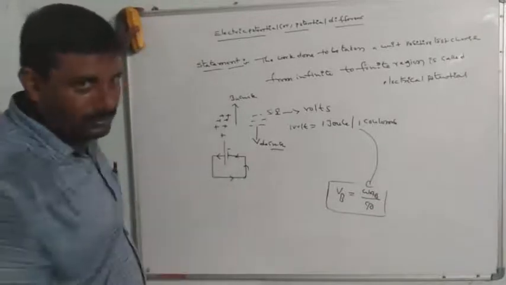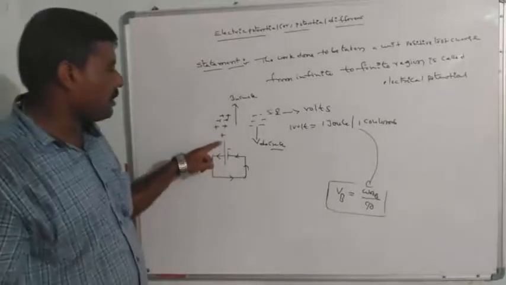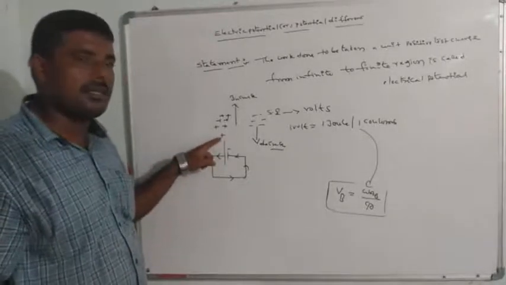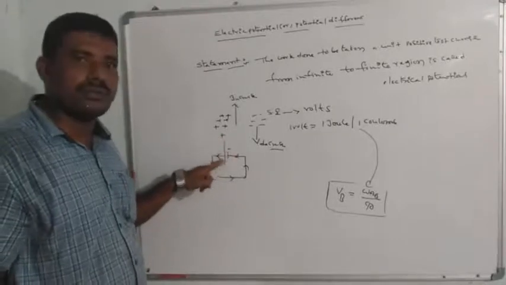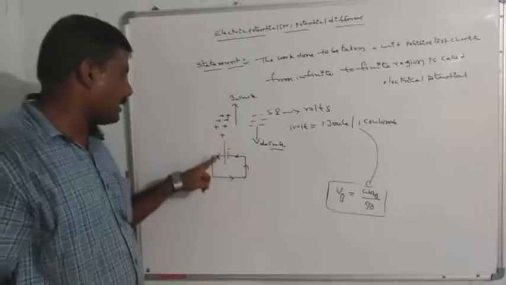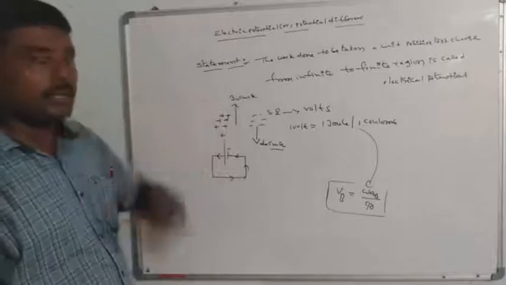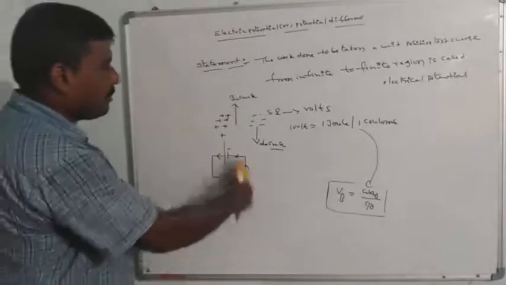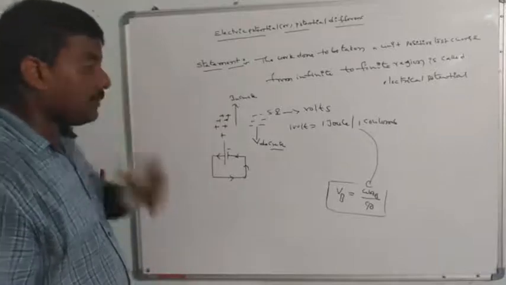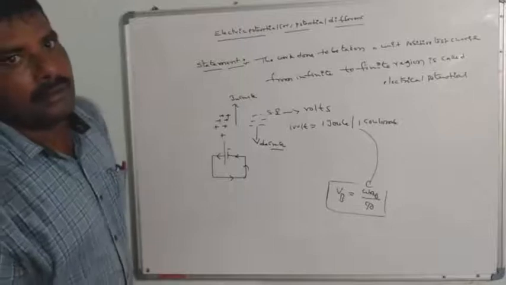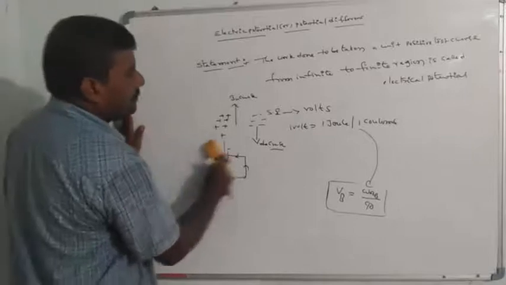So in the battery symbol, the tallest line indicates positive and the shortest negative, that is maximum and minimum. So the general direction of flow of current is from maximum to minimum. Okay. So next we see another one, the application of electrical potential.